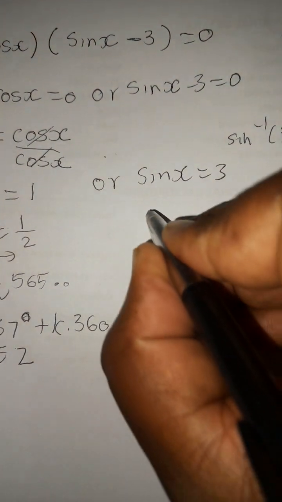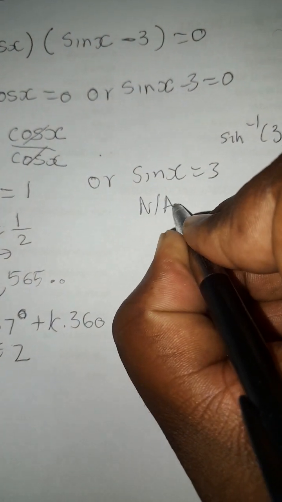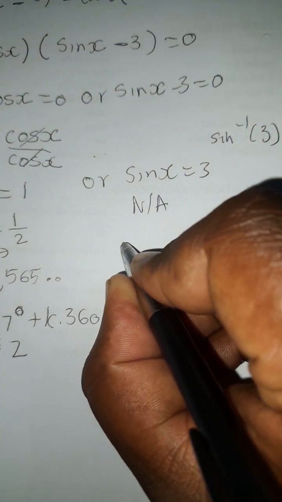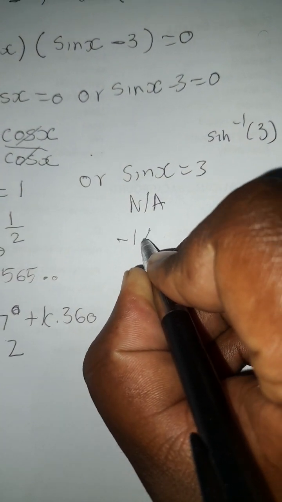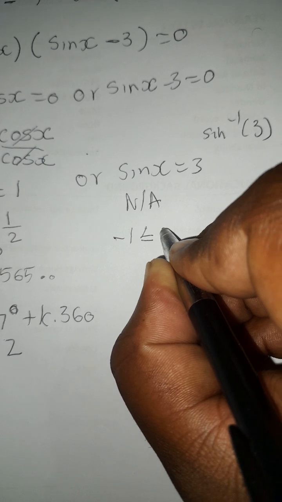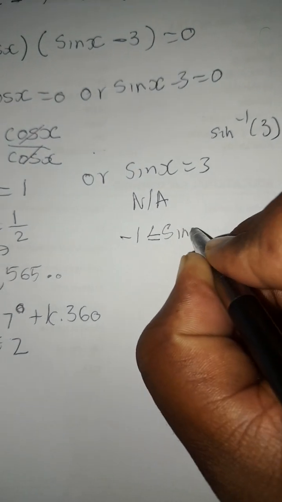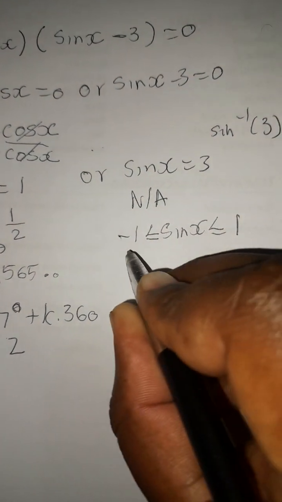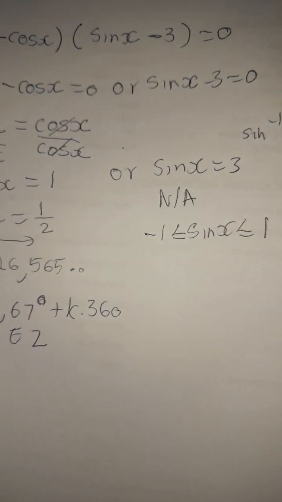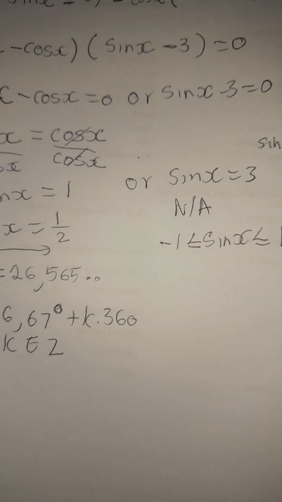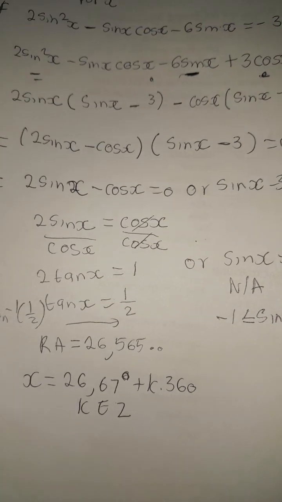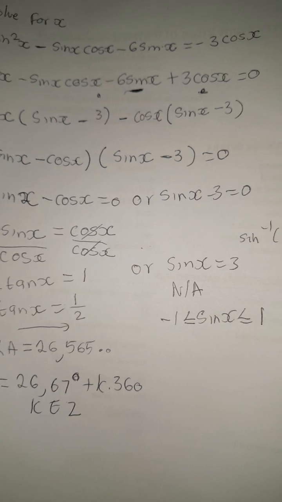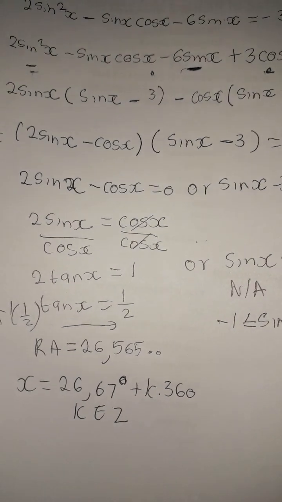So we are going to say NA, not applicable, since negative 1 is less than or equal to sine x, and sine x is less than or equal to 1. This is what you can write, or just say no solution in this case. So this is how you would have solved such a complex general solution.